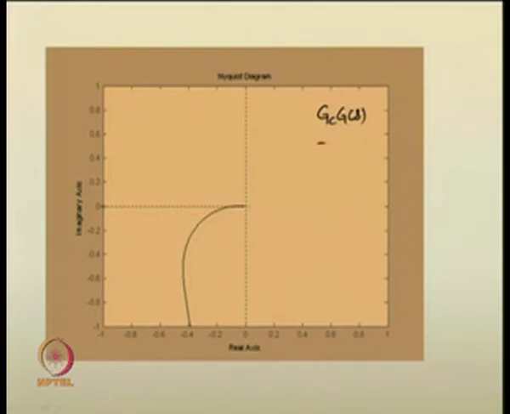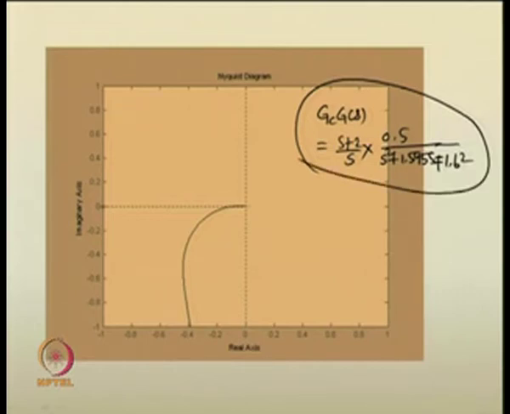The loop gain for this will be (S plus 2) upon S times 0.5 by (S square plus 1.595 S plus 1.62). So, using this loop gain or loop transfer function, one can obtain the polar plot or Nyquist diagram.